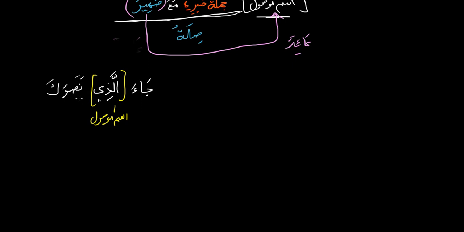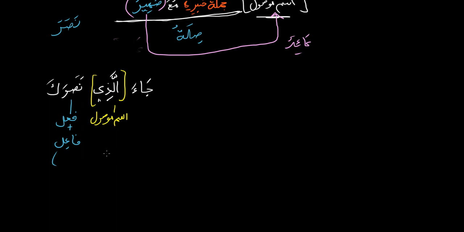is actually a verbal sentence, fi'l and fa'il. So nasara is fi'l plus fa'il. Now the fa'il here is hidden.